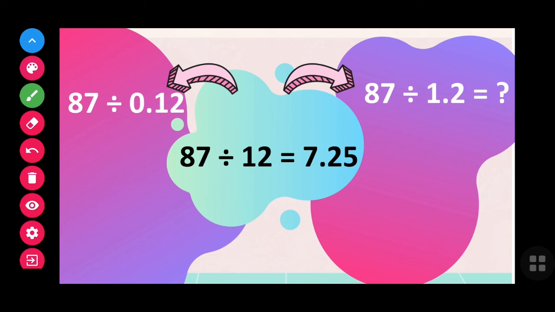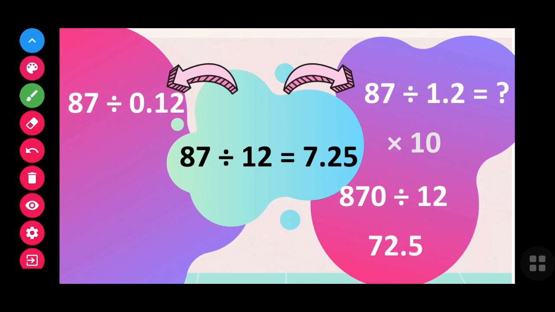That's easy. Now we see in order to make this 1.2 a whole number, you have to multiply it by 10. So that will be depicted in the answer as well. So when you convert this into a whole number, you get 12. So this will also be made 870 divided by 12.